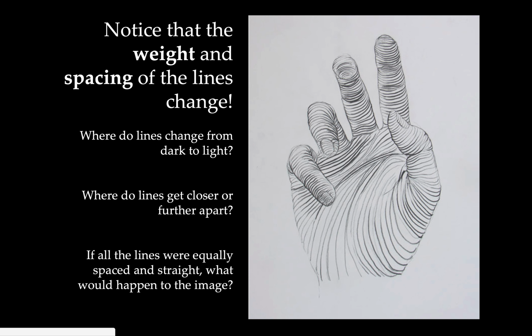You can imagine again, if all these lines were equally spaced and straight, what would happen to this image? If you're thinking to yourself it would look really flat, I would agree with you. If you look at this finger up here, these curved implied lines help that finger look three-dimensional and rounded. If these lines were straight across, it would immediately flatten out that finger and it would look really flat.